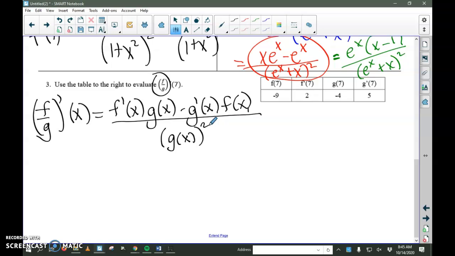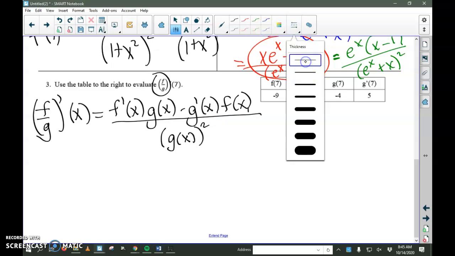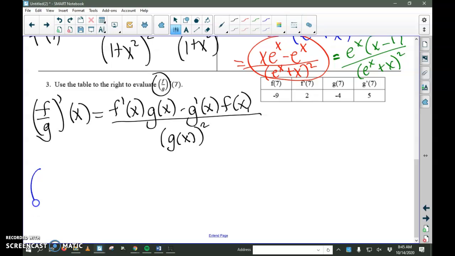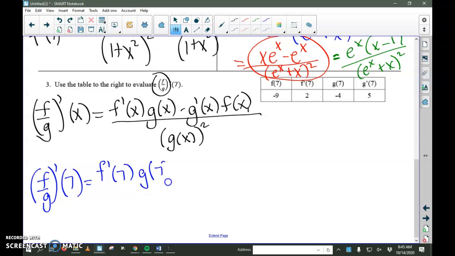Okay, all divided by that bottom function squared. And then I could go back in and say, okay, well now I need to evaluate this derivative specifically when my x value is 7. So I would be replacing each of these with 7. Again, you do not have to do that in-between step. The step that I have in that black marker, you do not have to write that out.